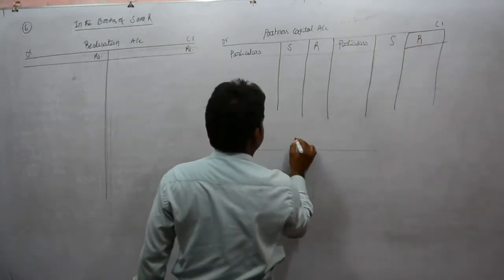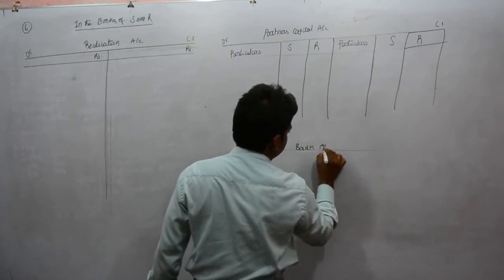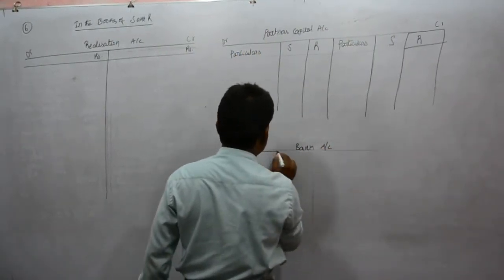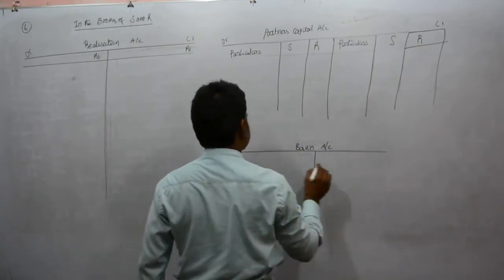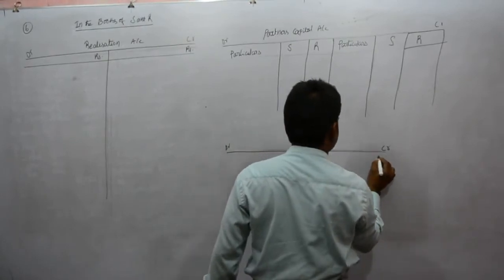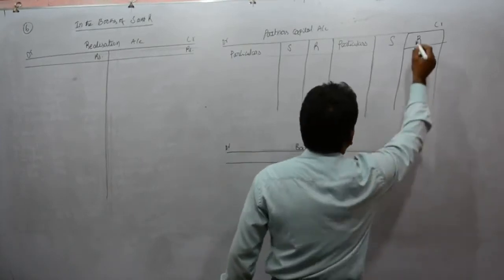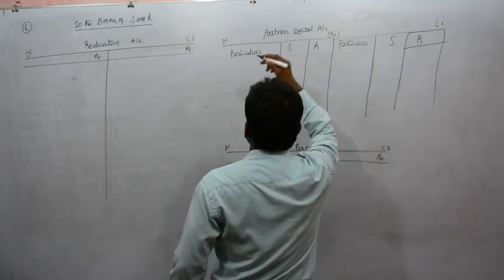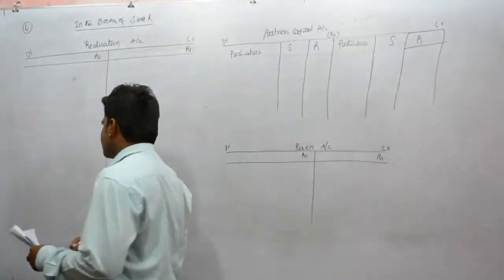Then the final account is the bank account, with debit and credit sides, amounts in rupees. Okay, now post the entries.